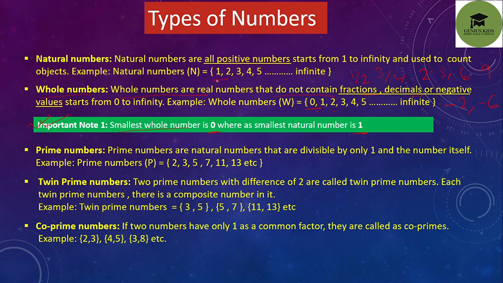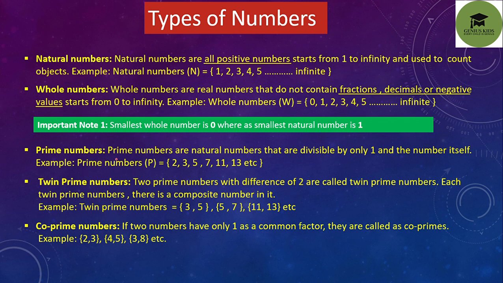Please remember this, because you may get a question like, what is the smallest whole number, with 4 options, and you need to select 0.